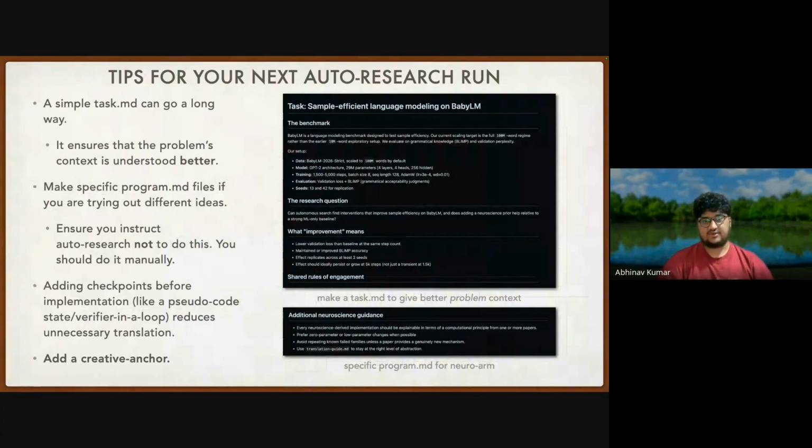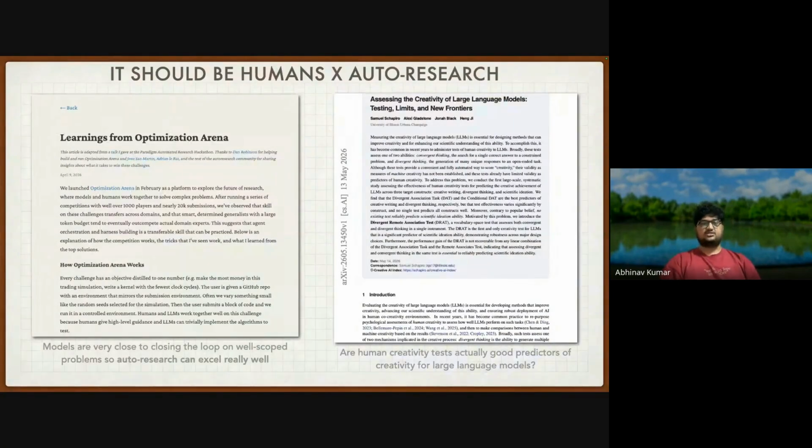What I mean by adding a creative anchor is that it should be humans x auto research. There are two really good reads. One blog was shared with me by Dhruv himself, and it talks about how models are really good at well-scoped problems. BabyLM is an optimization problem, so this is like learning from the optimization arena.